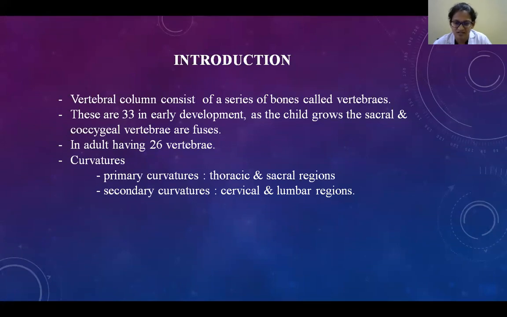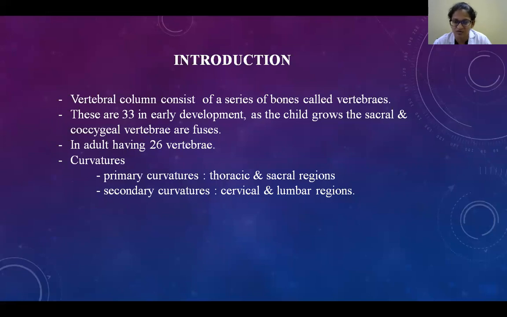In the thoracic region and sacral region, the primary curvature appears, whereas the secondary curvatures appear in the cervical and lumbar regions. Especially in children, immediately after birth, it appears as a C-shaped curvature, which is concave anteriorly or ventrally.